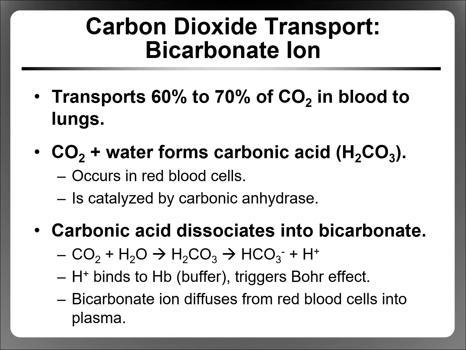Now, carbonic acid, however, doesn't want to stay as an acid, so it will dissociate into bicarbonates. So CO2 plus water equals that carbonic acid, which will then dissociate into a bicarbonate ion and a hydrogen ion. This hydrogen ion will then bind to hemoglobin as a buffer and trigger the Bohr effect. These bicarbonate ions will then diffuse from our red blood cells into the plasma.